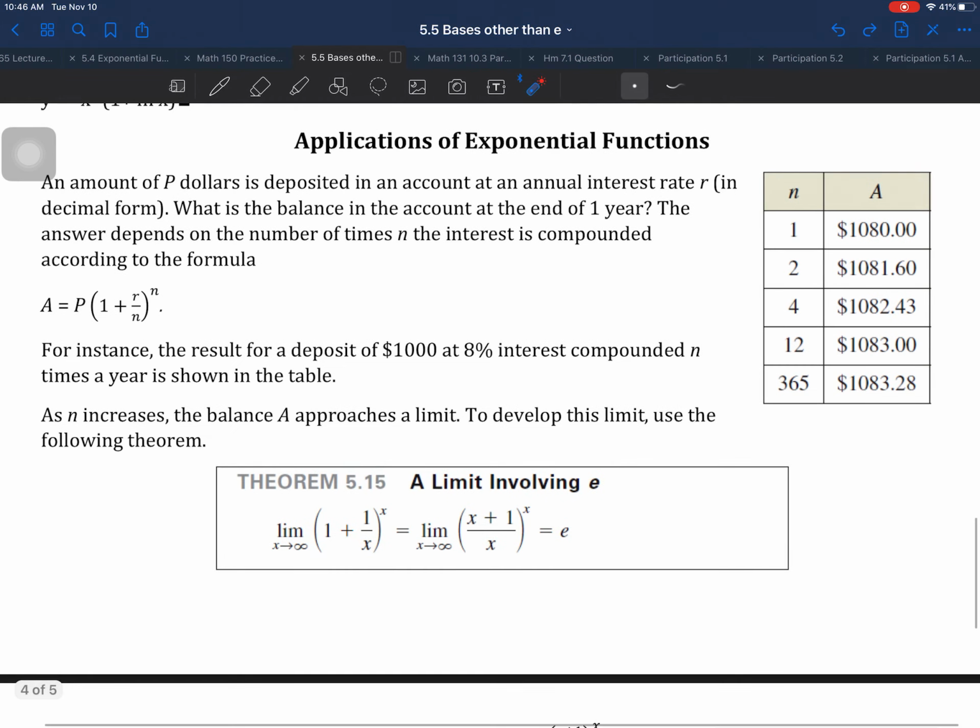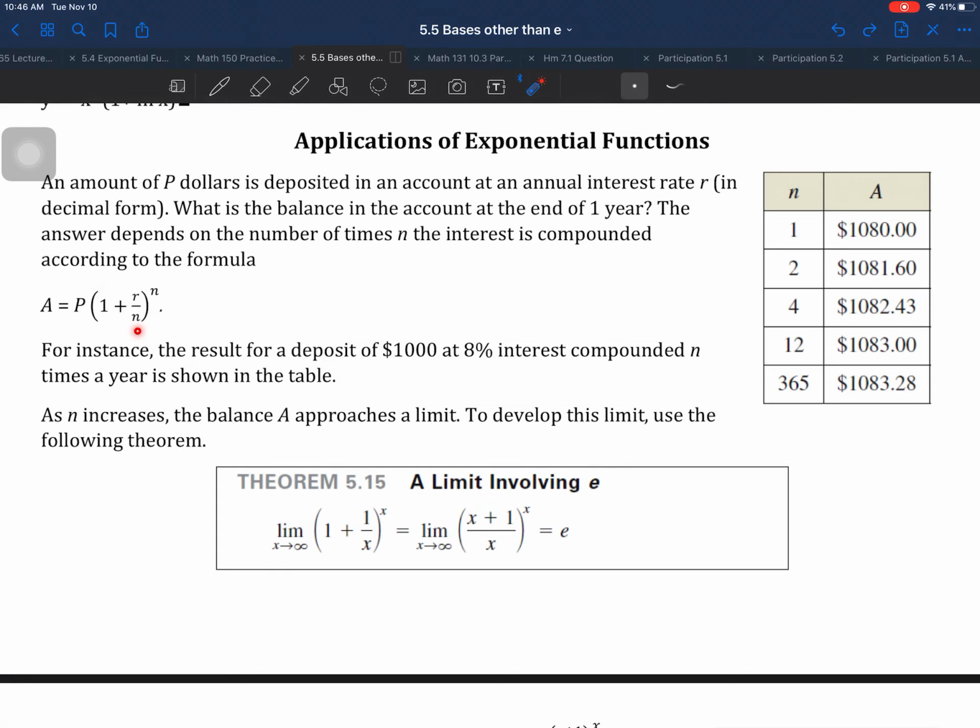So we notice that this answer is going to depend, obviously, on your initial investment and your rate. But let's remove those out of the equation by putting 1,000 and 8% interest. And then we're gonna make an adjustment on how many times this is compounded per year.